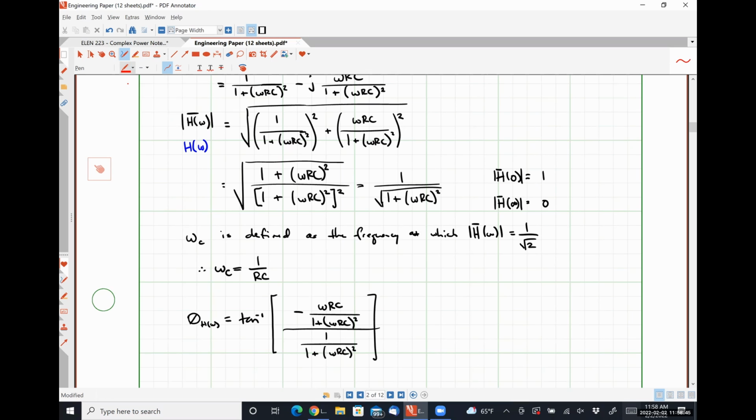So we have the division of two fractions, and they have the same denominators. So those are going to cancel each other out. And so this leaves us with the arctangent of negative omega RC, which is the same as negative arctangent of positive omega RC.